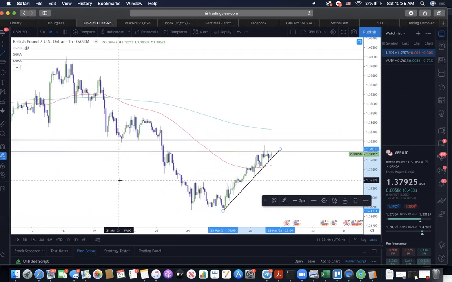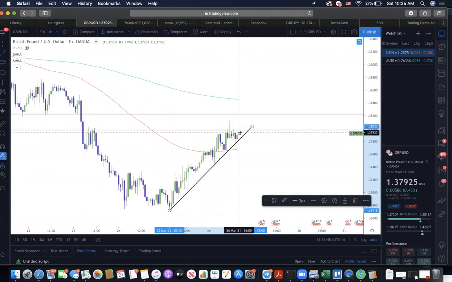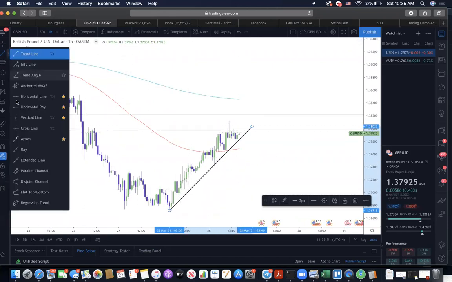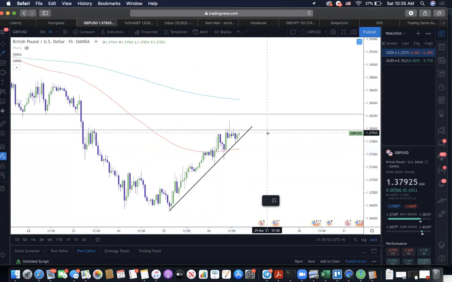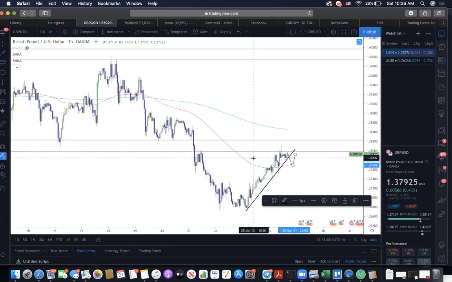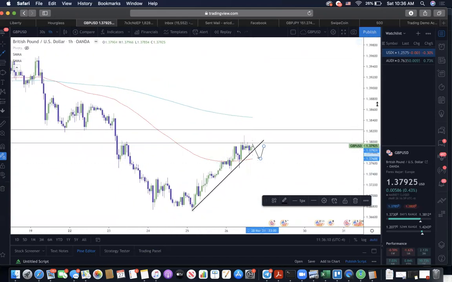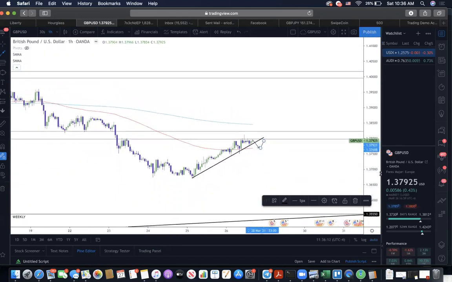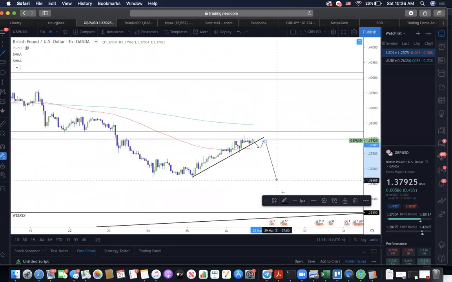I'm looking for GU to break, okay, break, and come back for a retest. If it breaks, come back for a retest. We can look to short this thing all the way down here.